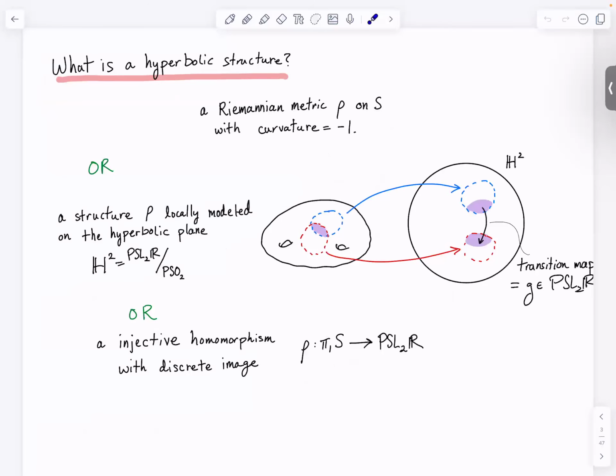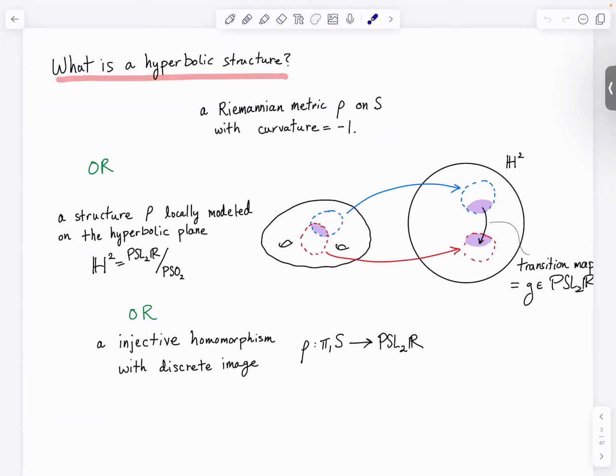So let me give you three equivalent definitions. Maybe the most common one, and if you haven't thought much about this, maybe the most natural one to think of now, is that it's a Riemannian metric on S, which I'll call rho, with sectional curvature -1.